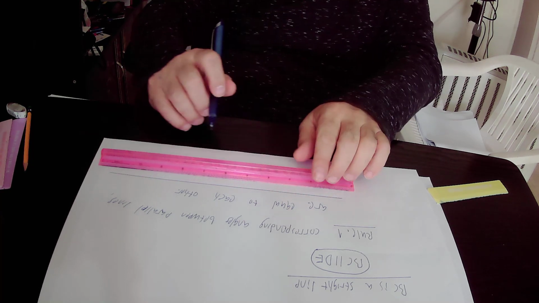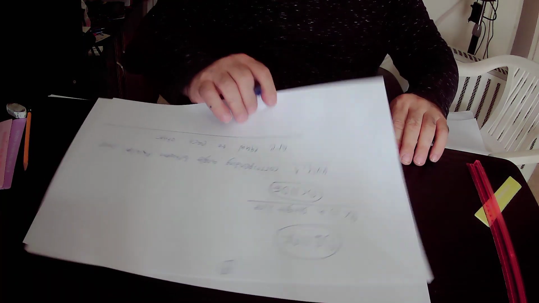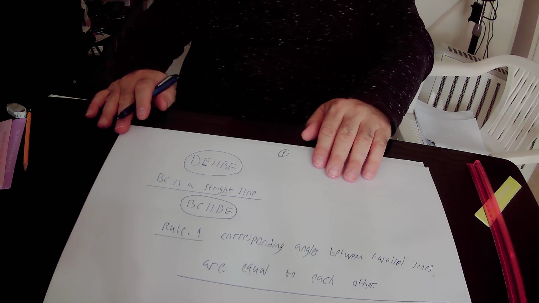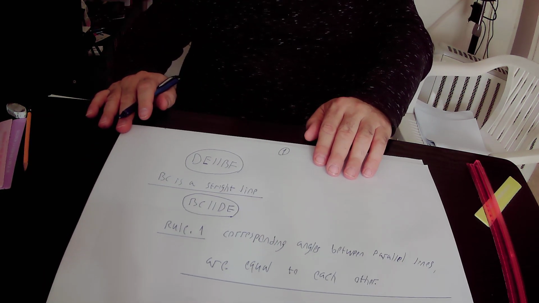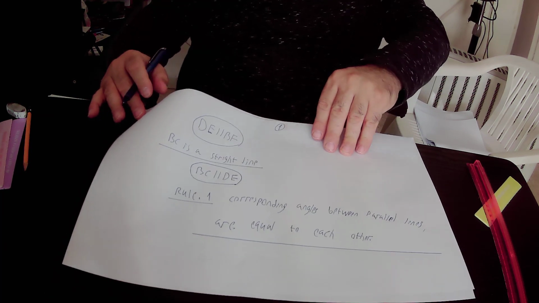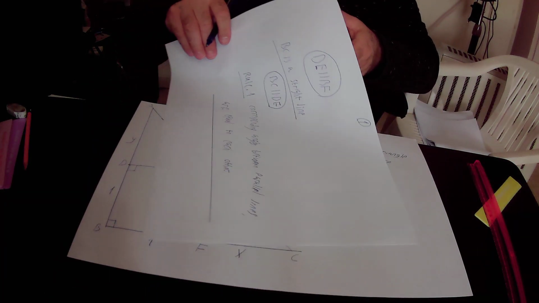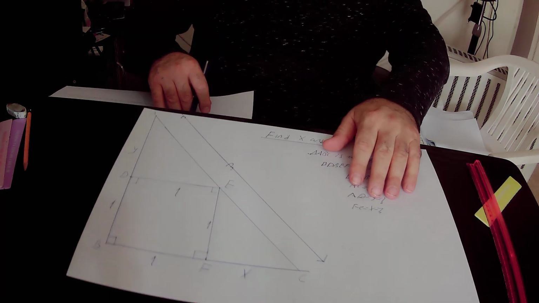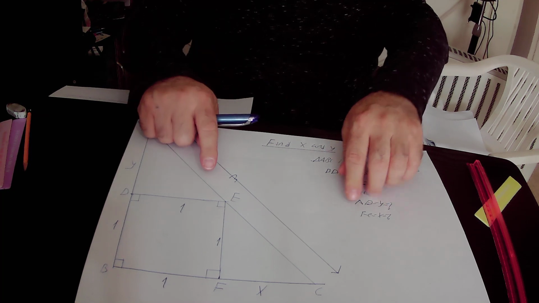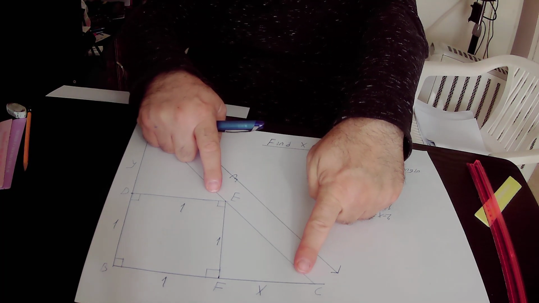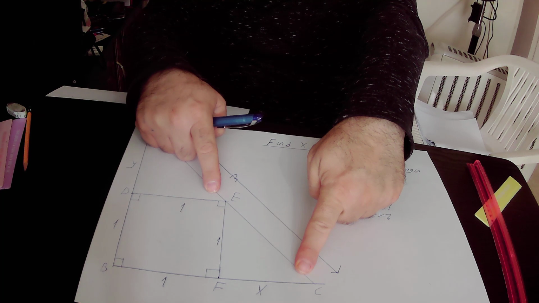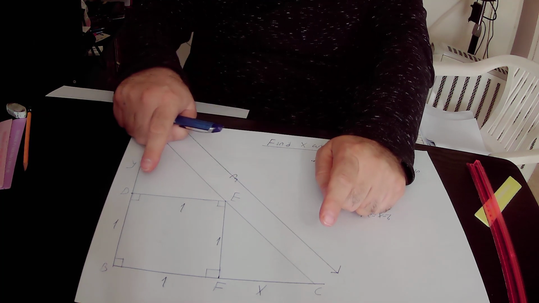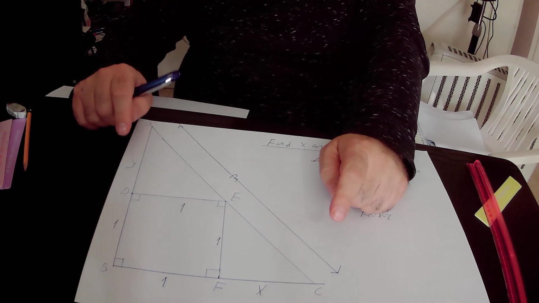I will read rule number 1 again. According to rule number 1, corresponding angles between parallel lines are equal to each other, and in our drawing, those two angles are defined as corresponding angles, and they are located between the parallel lines DE and BC, therefore they are equal to each other.